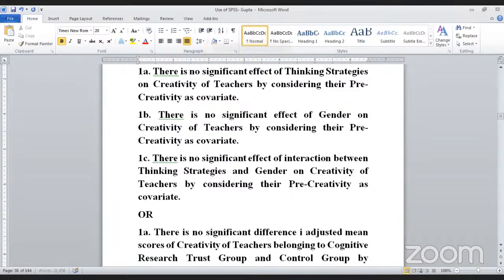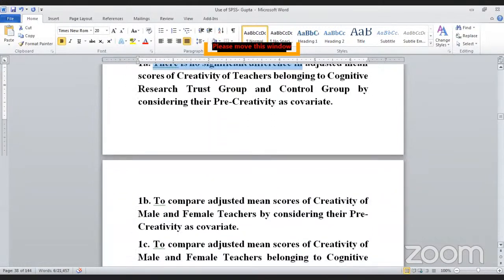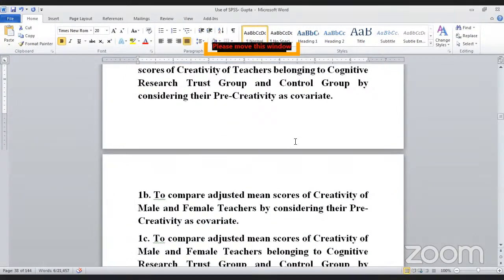There is no significant difference in adjusted mean score of creativity of teachers belonging to cognitive research trust group and control group by considering their pre-creativity as covariate.